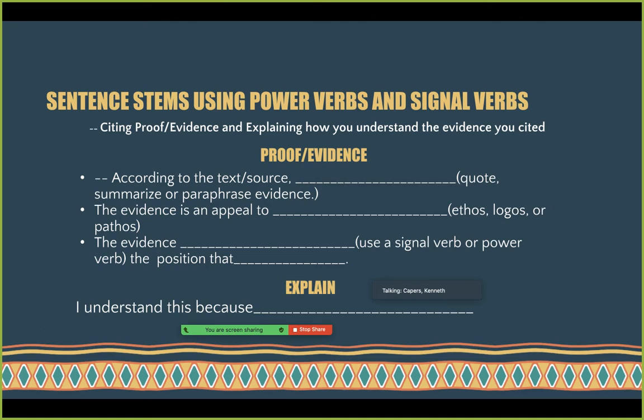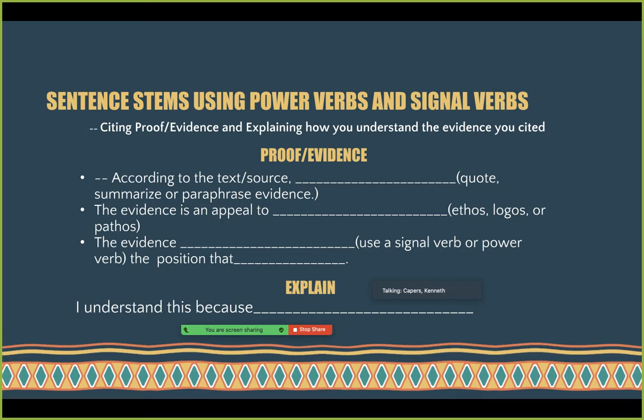Now let's look. When you get to that part where you're trying to give the proof, where you're citing proof and evidence, you're going to explain how you understand the evidence you cited. I don't know why I have these 2 hyphens here, but it should say according to the text. That's whichever one you have. Then you will summarize or paraphrase evidence, right? This is where you put in what it was. You can then tell me the evidence is an appeal to whichever one, ethos, logos, or pathos.